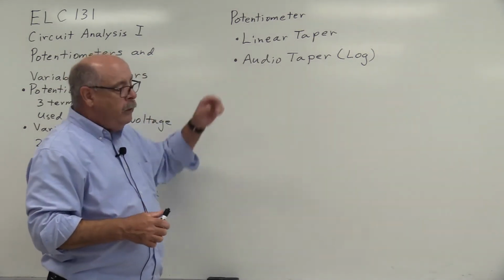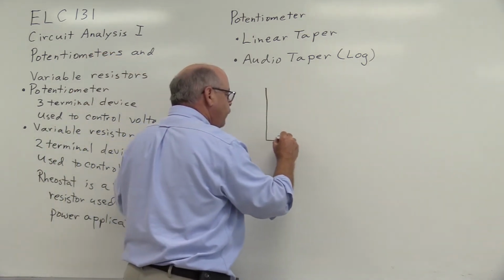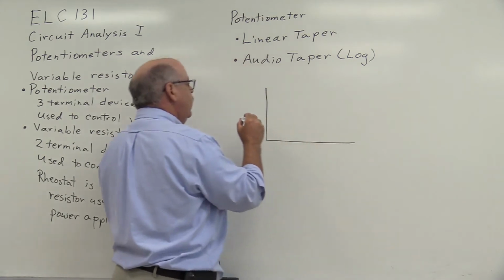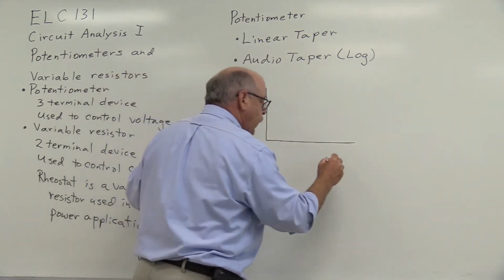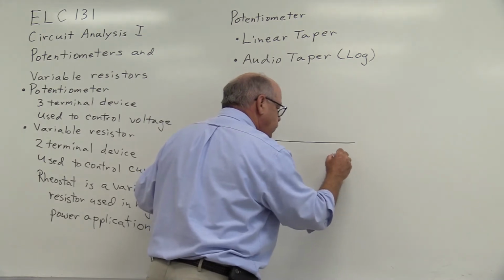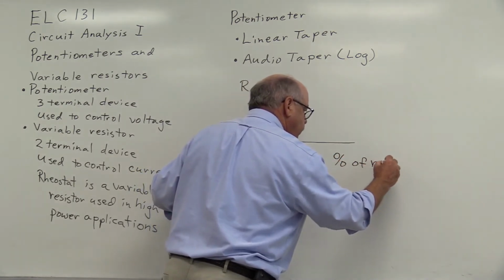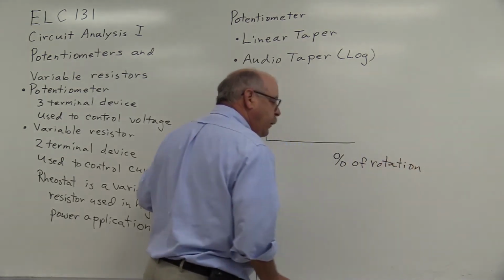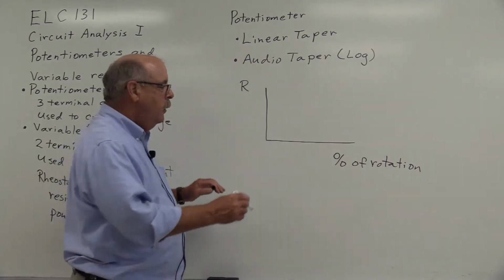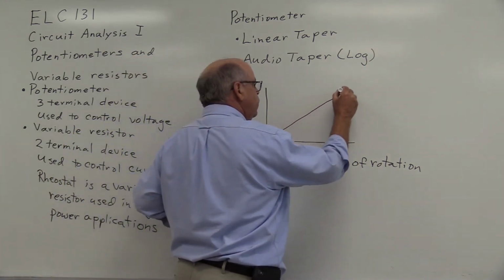Well, with a linear taper potentiometer, if we look graphically at the change in resistance as a percentage of rotation of the shaft of the potentiometer, what that means is there's a linear response.